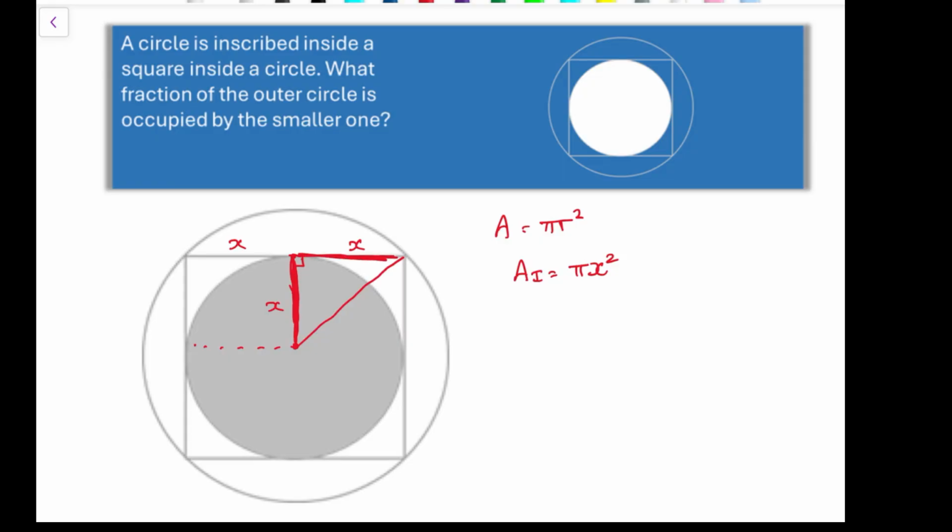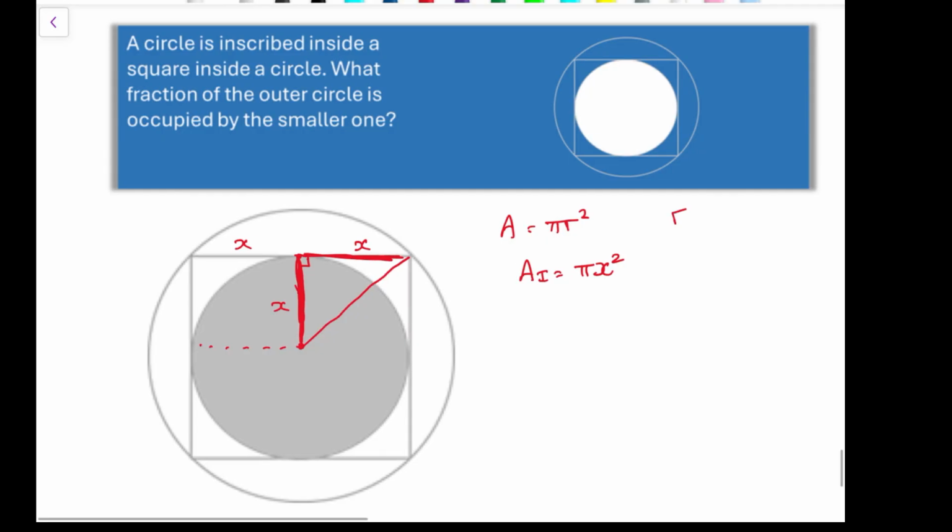So the radius of the large circle, just using Pythagoras, is the square root of x squared plus x squared, which is the square root of 2x squared, which is root 2 times x. Therefore the area of the outer circle is pi times root 2x all squared, which is 2 pi x squared, and therefore I've got both the things I need.